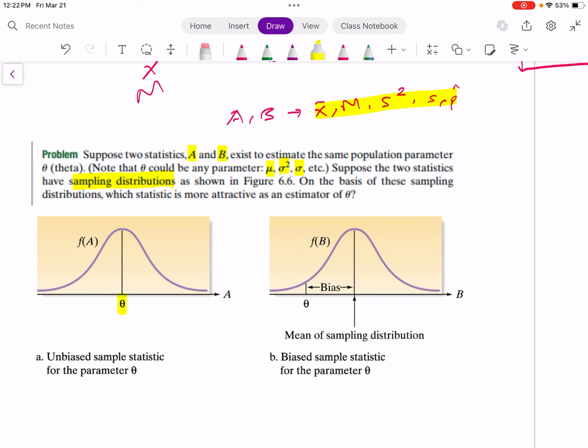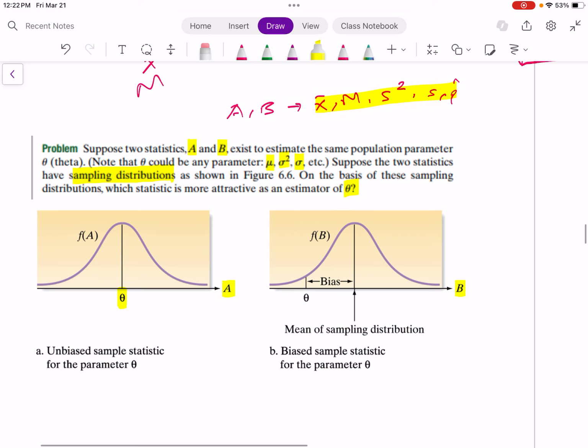The horizontal axis is A, the horizontal axis is B. If your variable is a statistic, then that is a sampling distribution. Instead of A and B, if it was X, then it is a probability distribution for a continuous random variable. On the basis of this sampling distribution, we have to find which statistic is more attractive, or is the best estimator of theta.